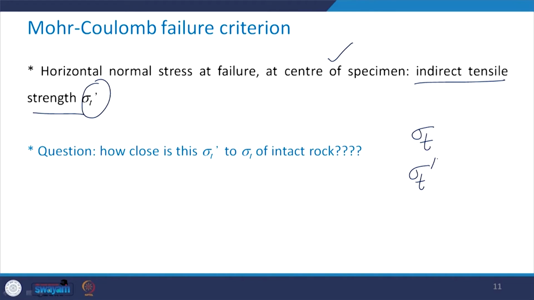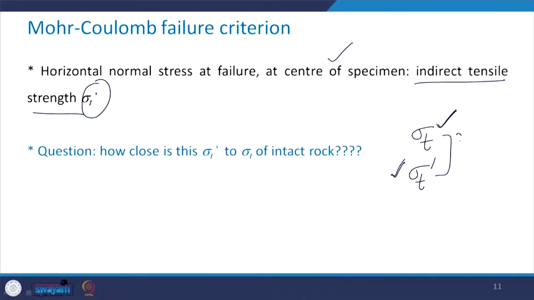The question is, how close are these two values to each other, or how close is this sigma t, which ideally should be the tensile strength of the intact rock, but we are not able to find this out practically. What we can find out is sigma t prime. So the question is how close these two values are to each other.